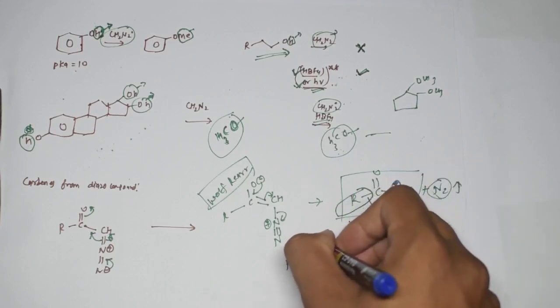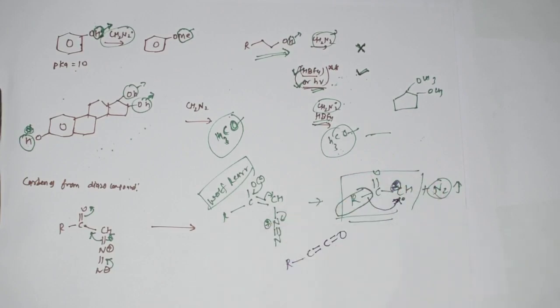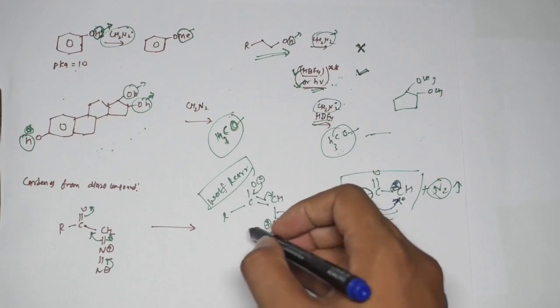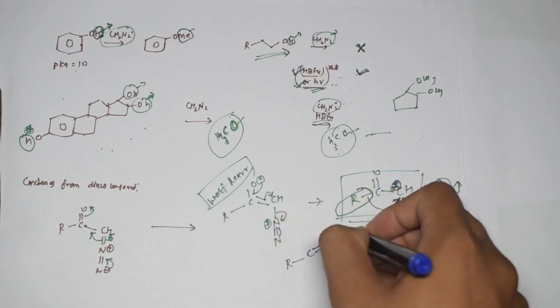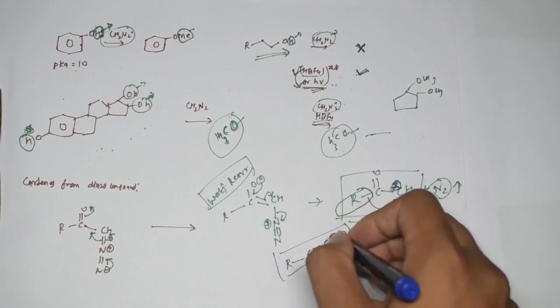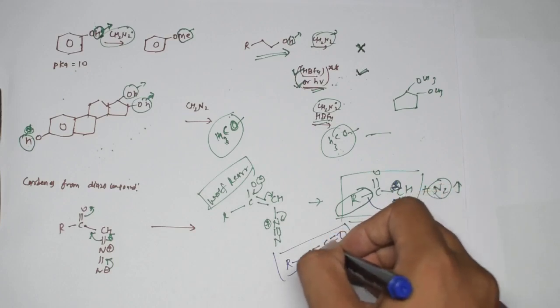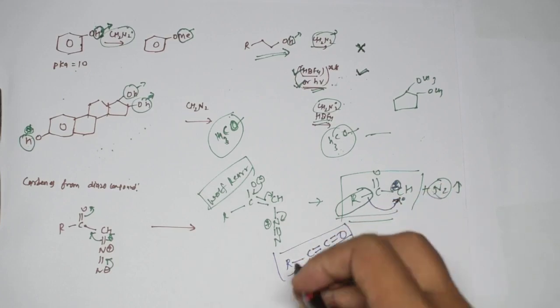So R C, and here we will have this C double bond O, like this. Getting the point? So once this R is migrating over there, a ketene is actually formed in this case, and here one hydrogen is also present over there, right. So this is called a ketene.